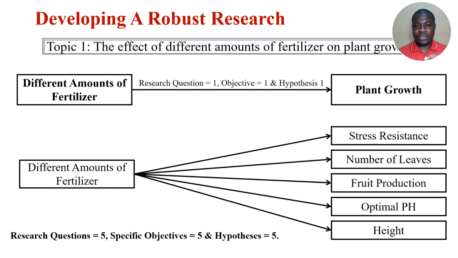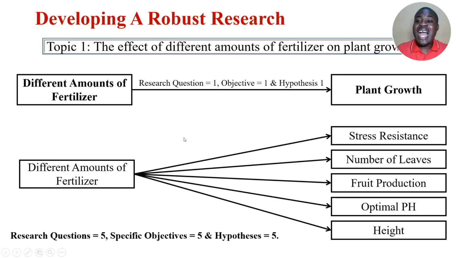In this case, you can see that this direct line here shows you one research question, one research objective, and then one hypothesis. But again, if I decompose the plant growth, I can look at it from the perspective of stress resistance, number of leaves, fruit production, optimal pH, and the height of the plant. And now you can see the independent variable here, which is the different amounts of fertilizer.